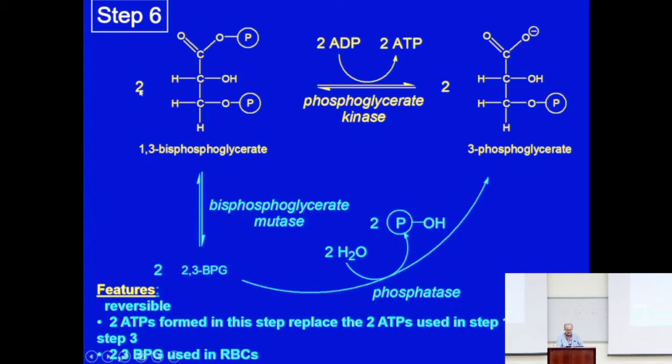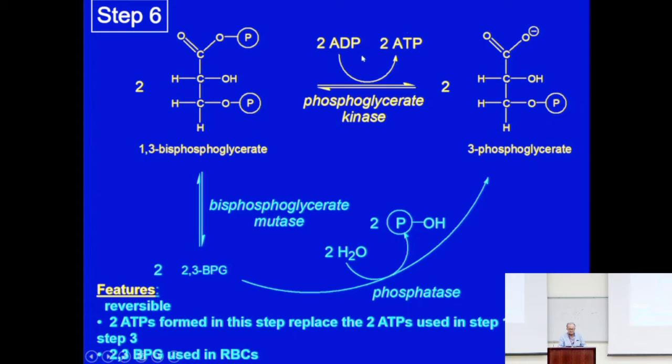And again, because we have two, we make two ATPs. The enzyme's name is phosphoglycerate kinase. It produces a molecule called 3-phosphoglycerate.